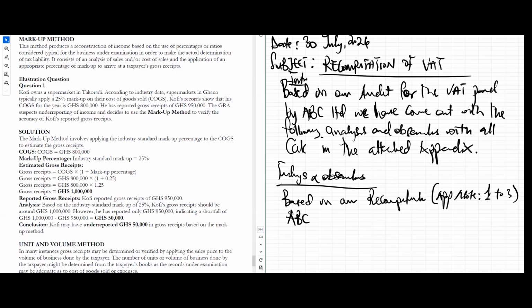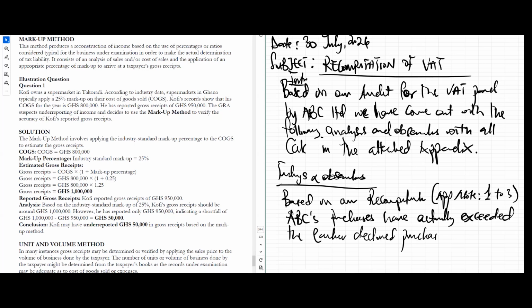ABC Limited's purchases have actually exceeded the earlier declared purchases of how much? His declared purchases was how much before? 40,000. It is input tax, not purchases. First I'm talking about the purchases. It's the purchases that led to the input tax.